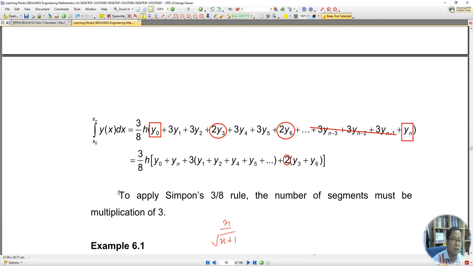Simpson 3/8 rule gives a little bit longer formula, whereby 3 over 8 multiplied by h, the step size, and then you have to multiply the area at 0 and then yn, the last one, and then all the others except those that are multiples of 3, which are multiplied by 3, like 3, 6, 9, 12 and so on.